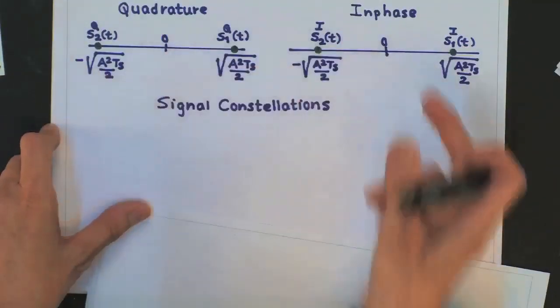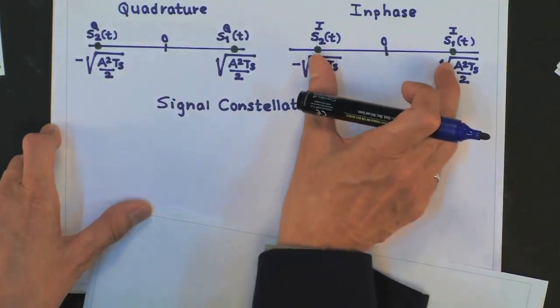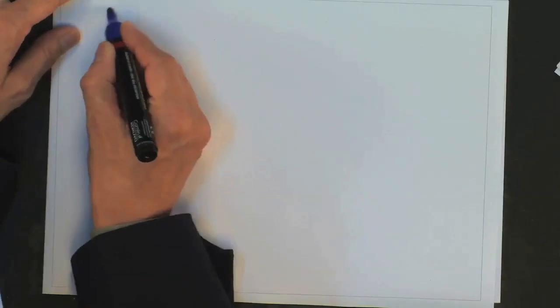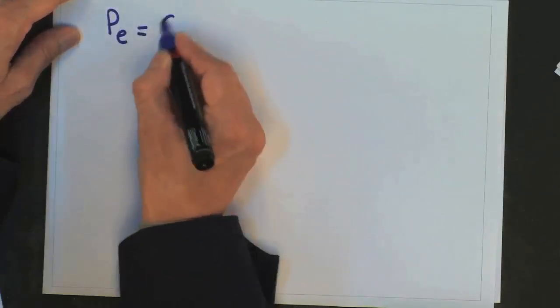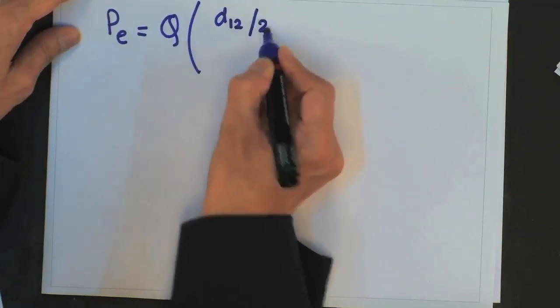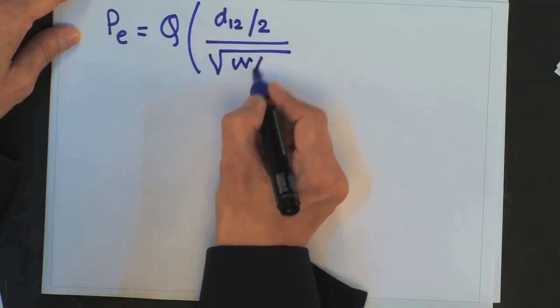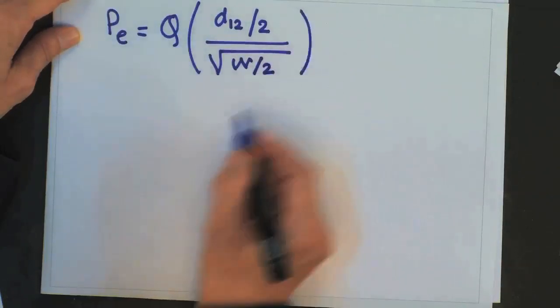So, let us calculate the probability of error for any one of these because it is going to be the same. So, if we know the distance here, the probability of error would be given by the following expression: Q of (d12 by 2) divided by root of N by 2.